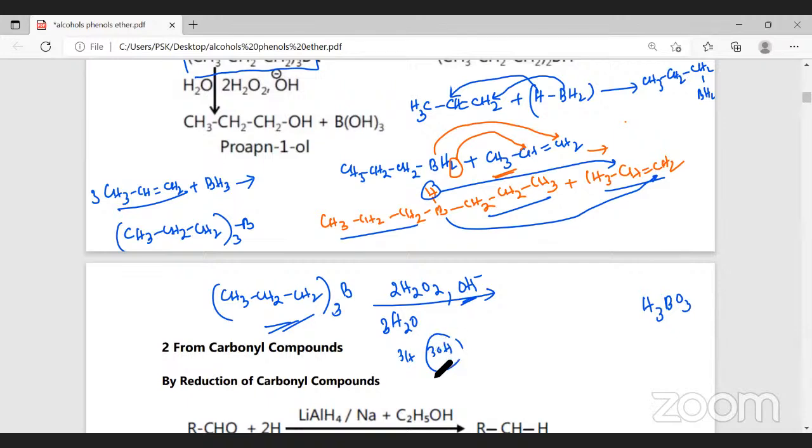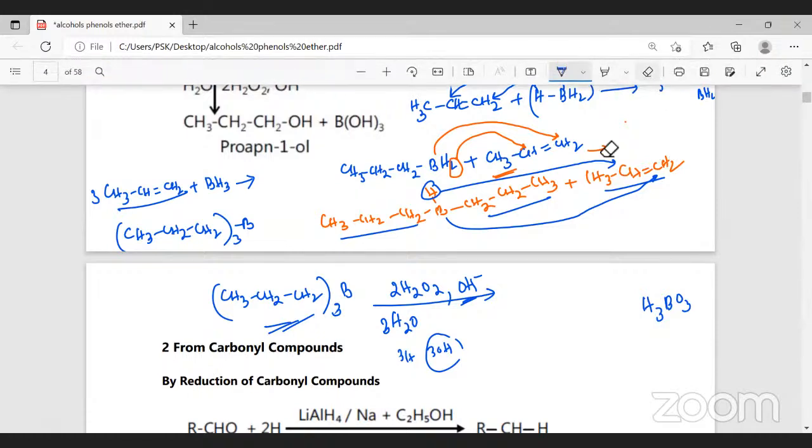This 3OH will react with carbon. This 3OH will replace the boron. So you get CH3, CH2, CH2OH. You get propanol and you get H3BO3.